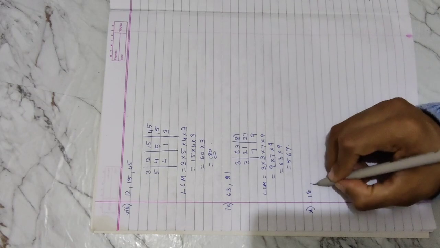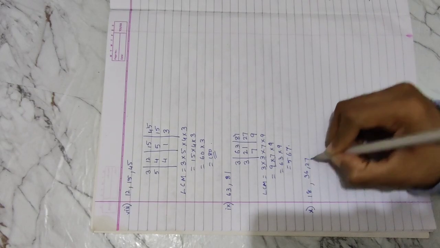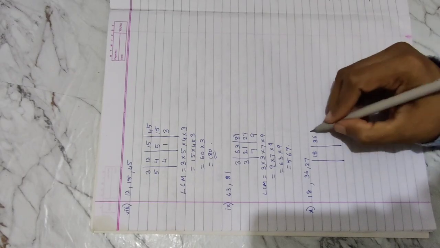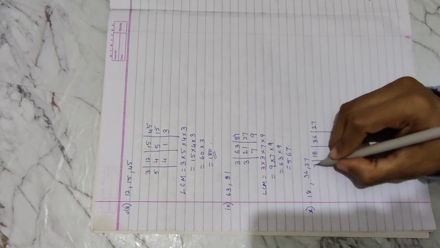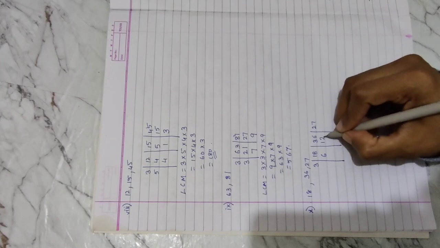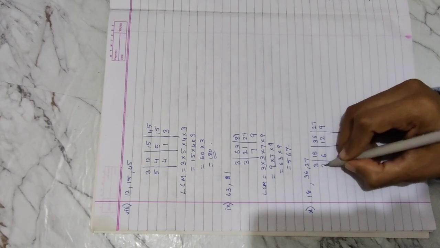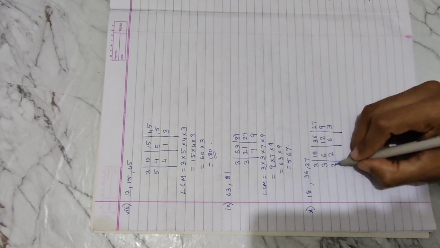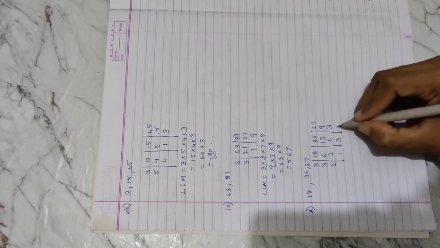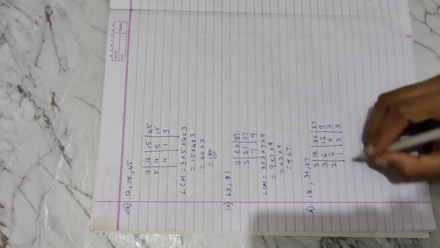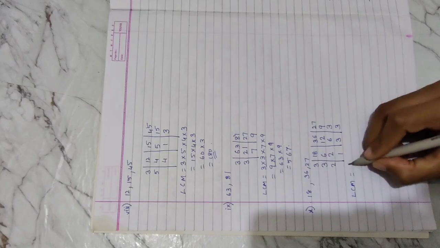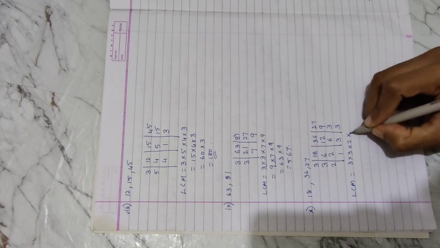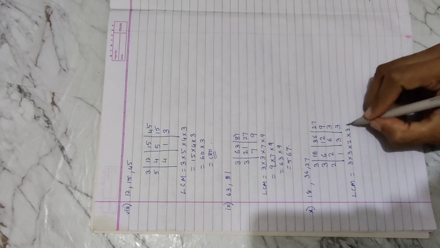Okay, 18 36 27. Yes, all are divisible by 3. So 3 6 ja, 3 1 ja, 3 2 ja, 3 9 ja, again 3 3 2 ja, 3 6 ja, 3 3 ja by 2 now. 2 1 ja, 2 3 ja, 3 will not go, so we'll leave it here. So 3 into 3 into 2 into 3 into 3.